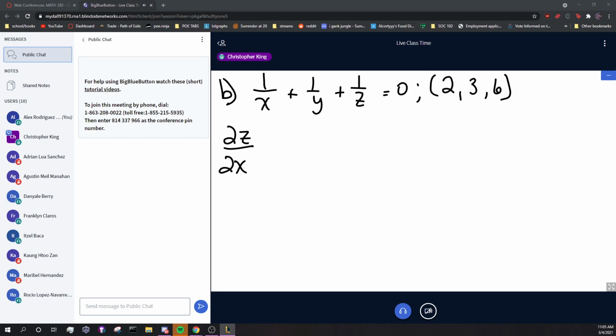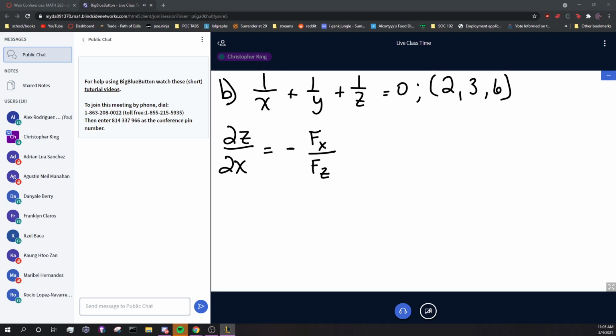Again, it's going to be the negative of the partial with respect to x over the partial with respect to z.